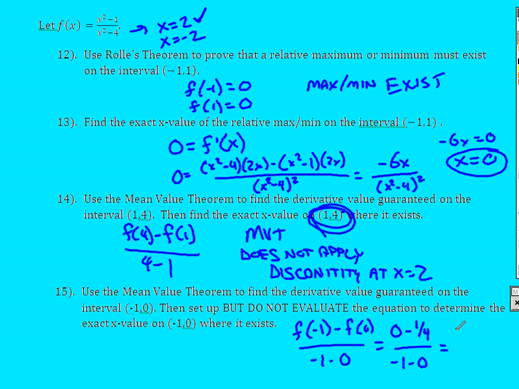So when I simplify that, I should get 1/4. So to set up the equation in the end, I want to say that 1/4 equals my derivative, the derivative function I just found, which was negative 6x over x squared minus 4, the quantity squared. It doesn't ask you to solve it, it just asks you to set it up, because that would be quite a difficult one to solve.